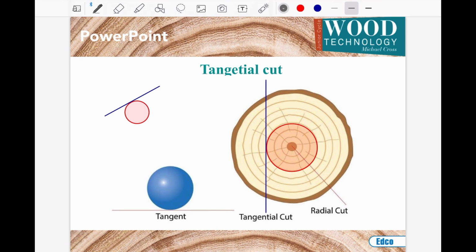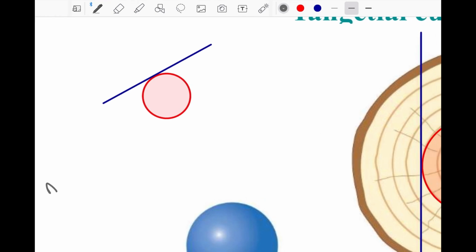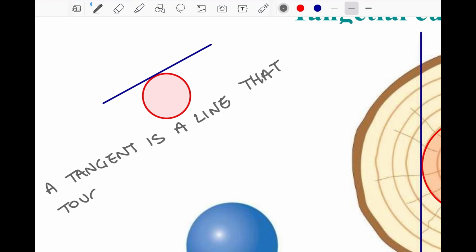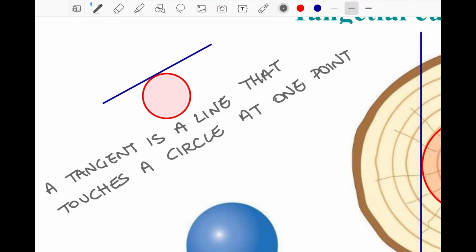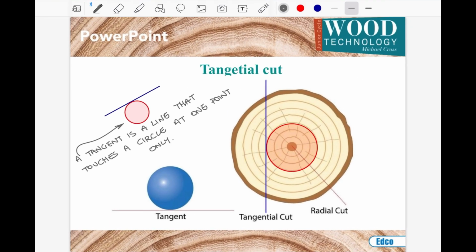A tangent is a line that touches a circle, those of you that are doing TG will know this, at one point only. Right, so that's what a tangent is. There it is. A line that touches a circle at one point only.